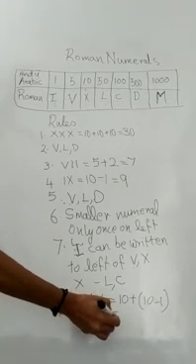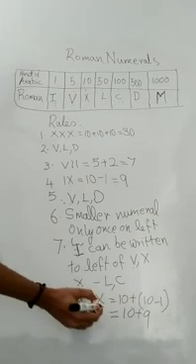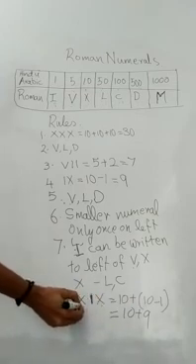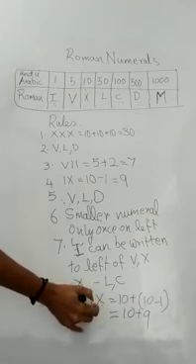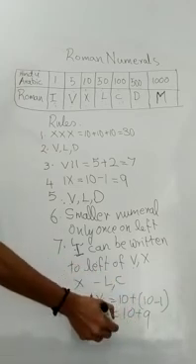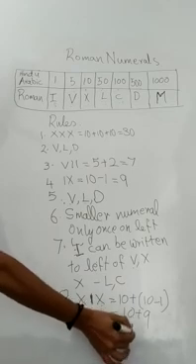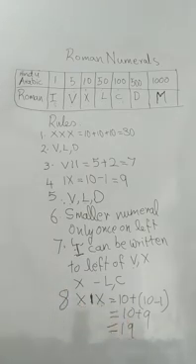So it is 10 plus 9. From this one you will write 10, then plus this one, that is 10 minus 1, that is 9. So this numeral represents which number? 19. So 19 is written this way.